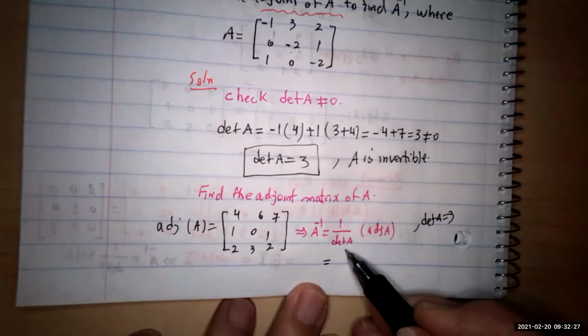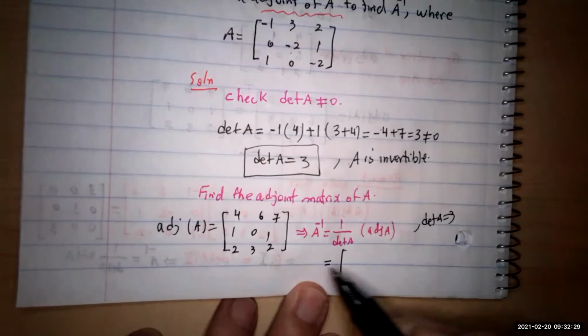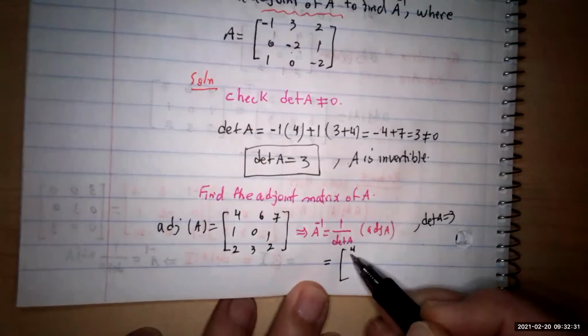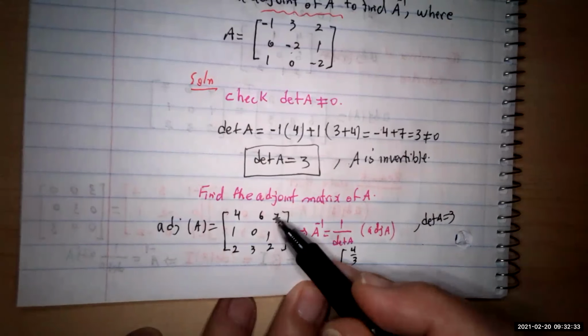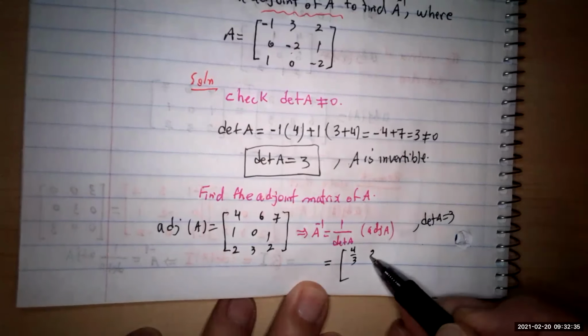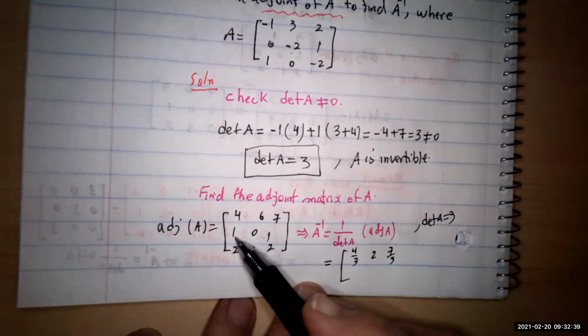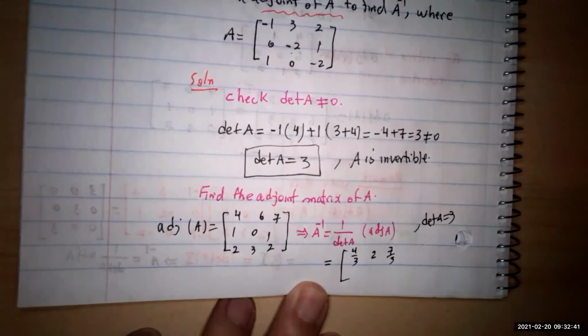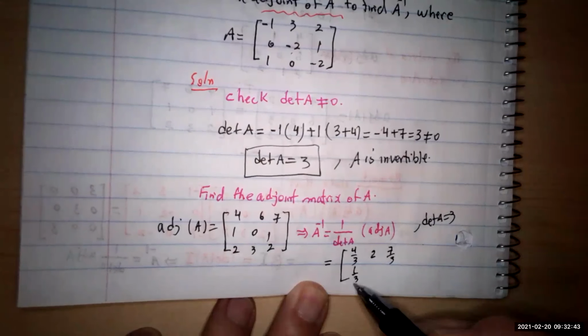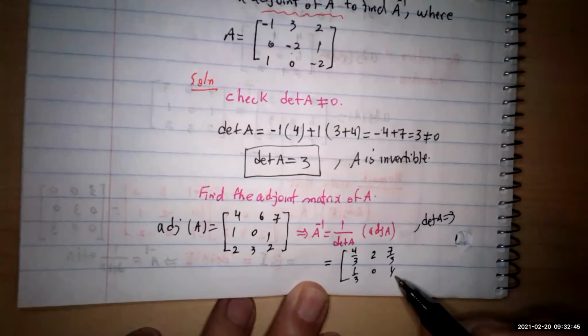So your inverse is going to be, this is it, that gives you 4/3. 6/3 would be 2. Then that gives you 7/3. Over here, that gives you 1/3, 0, 1/3.